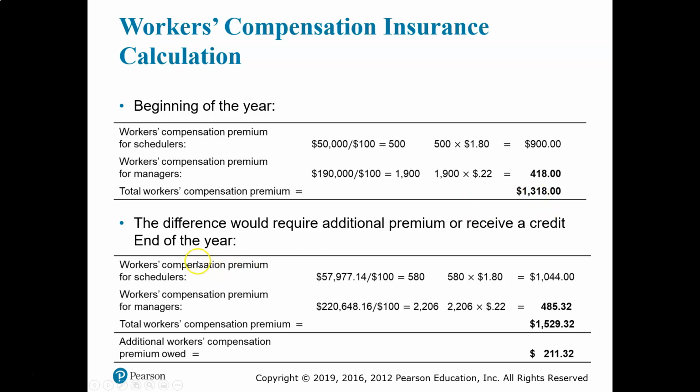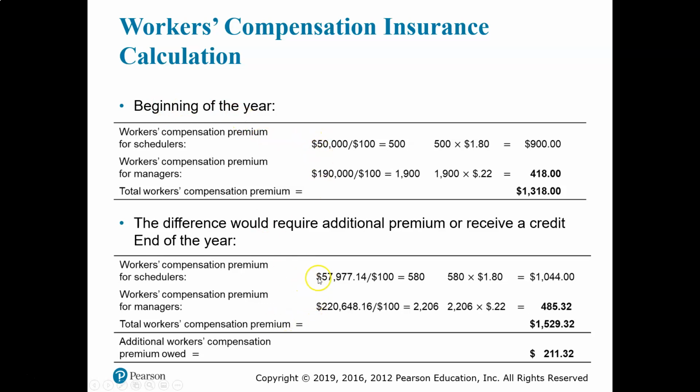Okay. The difference will require an additional premium or receive a credit at the end of the year. Okay, so the workers' compensation premium for schedulers is $57. So this is what's at the beginning.